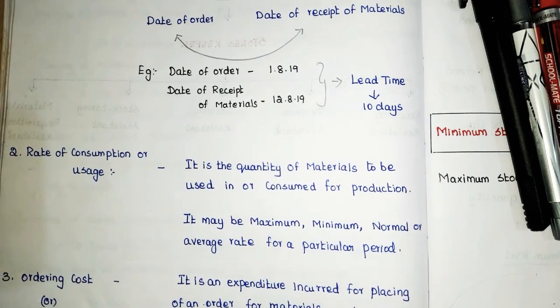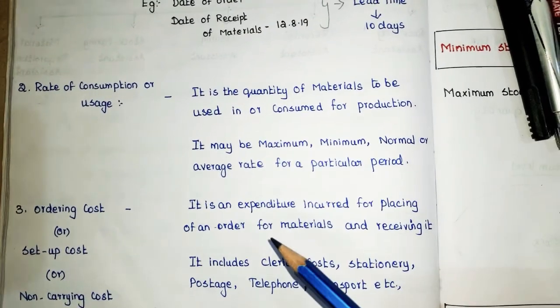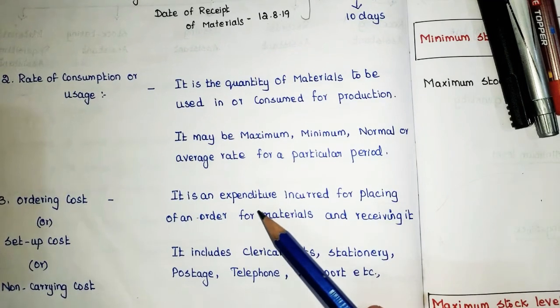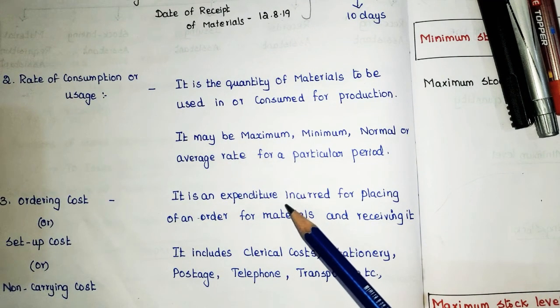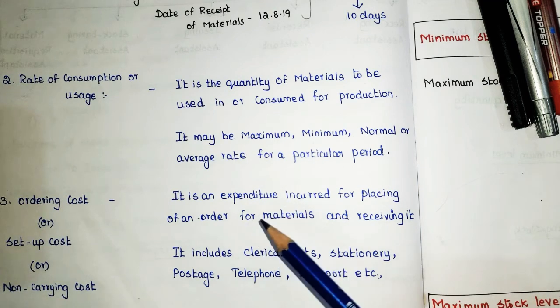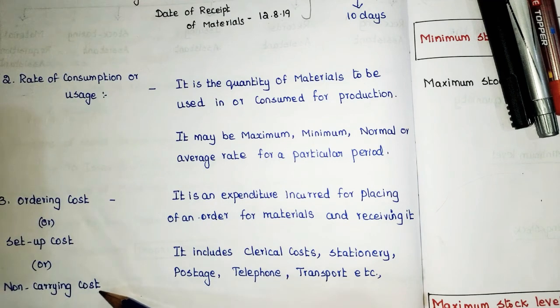The next term is ordering cost. This is an expenditure which is incurred for placing an order. The other names for ordering cost are setup cost and non-carrying cost.